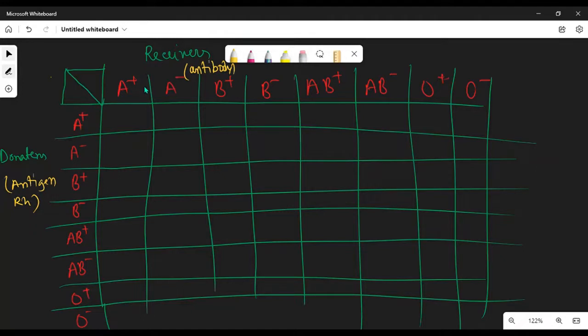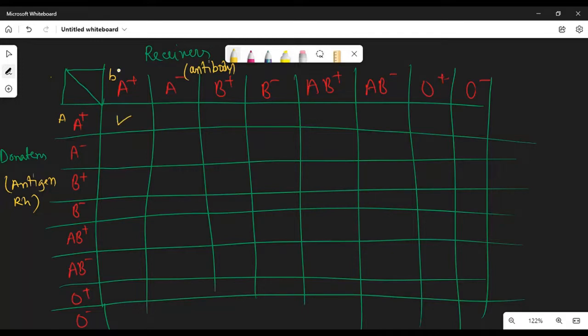We know that plus can give to plus, so there is no problem in rhesus factor. And now we will see the antigen of the donor and the antibody of the receiver. So donor A has antigen A, and the receiver A positive has antibody B. So it shouldn't be a problem. It doesn't match, so I'll just mark it yes.